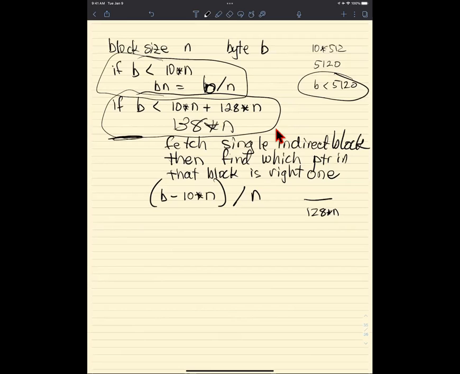All right, so if that's not true, well, yes, we're going to do the double indirect.